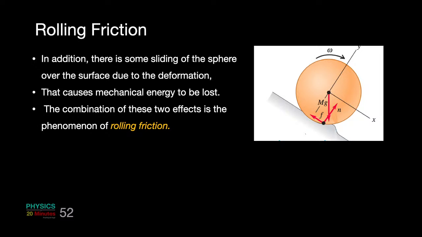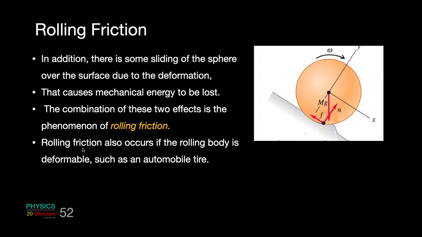So all these combined phenomena are normally referred to as rolling friction. And as I said, it can also occur if the rolling body is deformable, just like an automobile tire. So the tire of a car, the tire of a cycle, when it rolls on the road surface, typically the road surface is tougher than the tire. So tires get deformed, and they introduce these kinds of friction effects, which is called rolling friction. So I hope the concept of rolling friction is very clear.